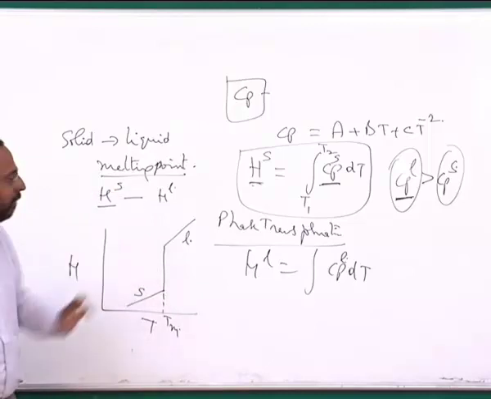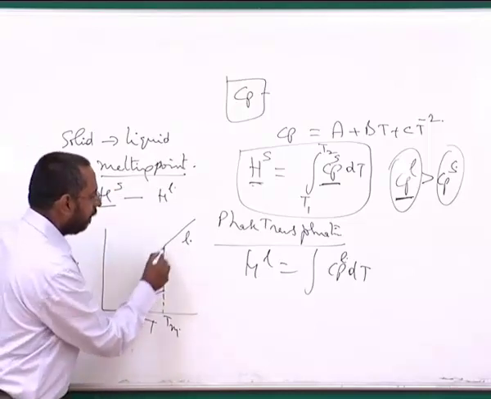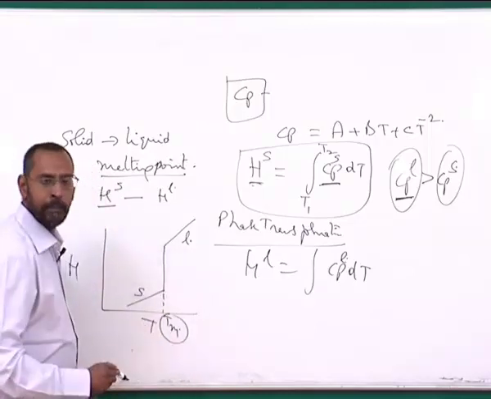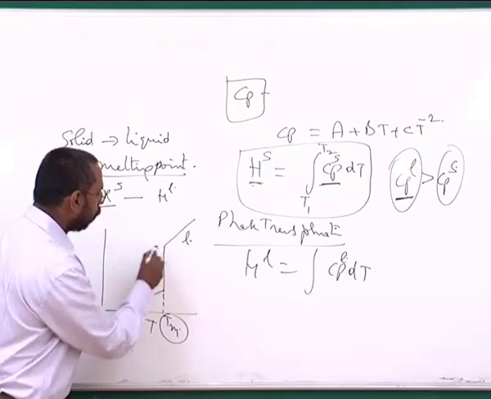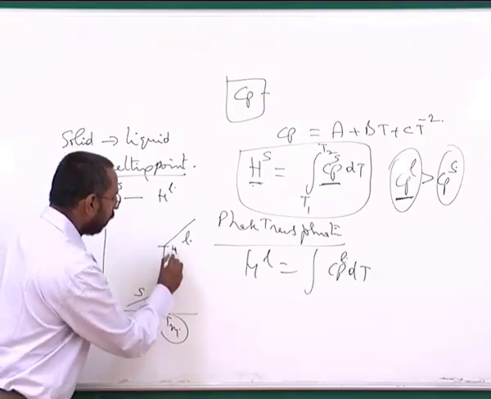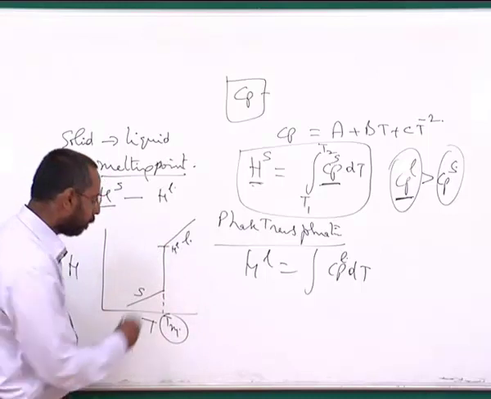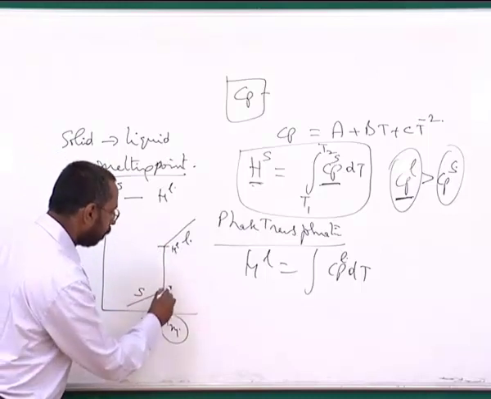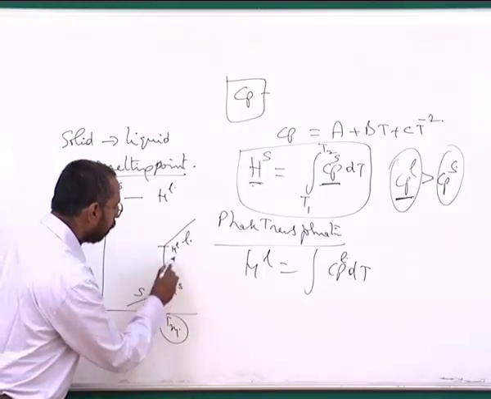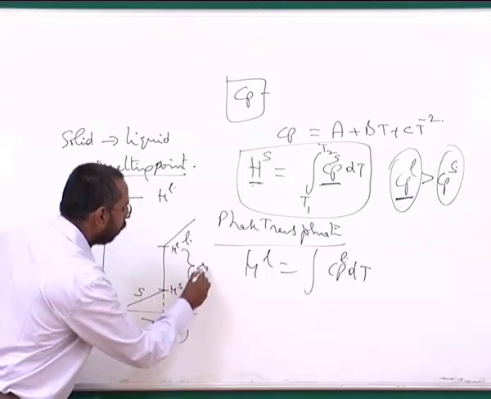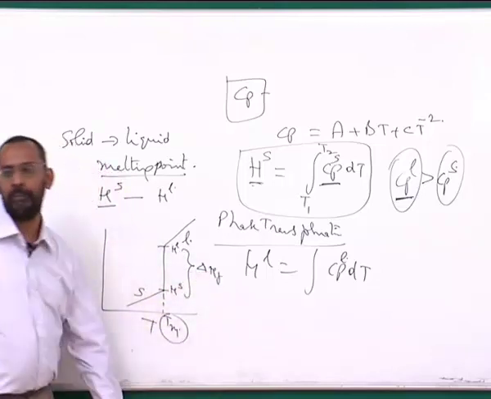As long as I understand, I can say that at the melting point, when a liquid is changing into a solid, there is a certain enthalpy of the liquid at the melting point, and there is a certain enthalpy of the solid at the melting point, and this difference is what we call delta H fusion.